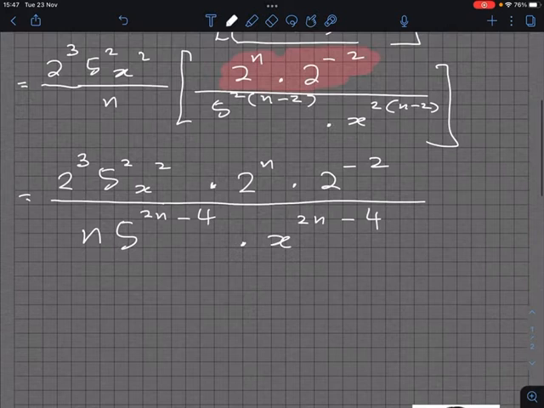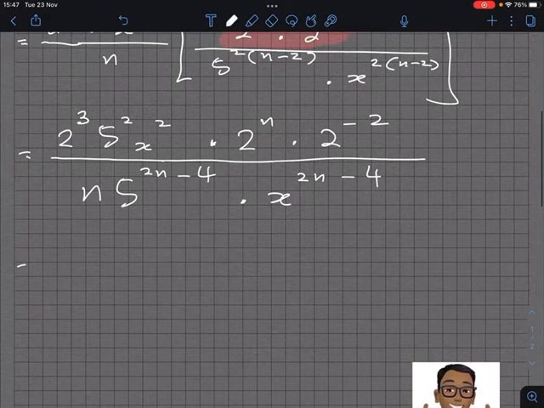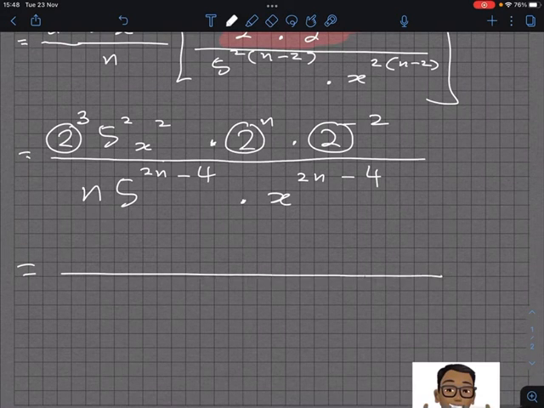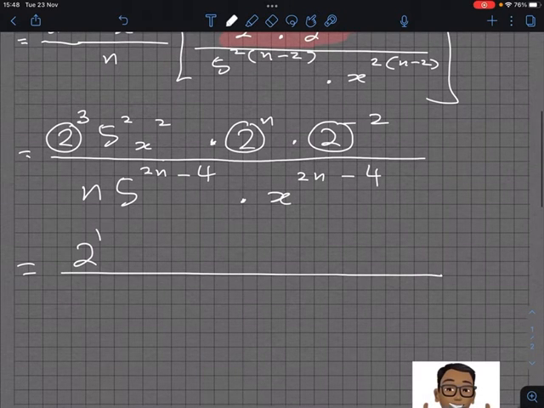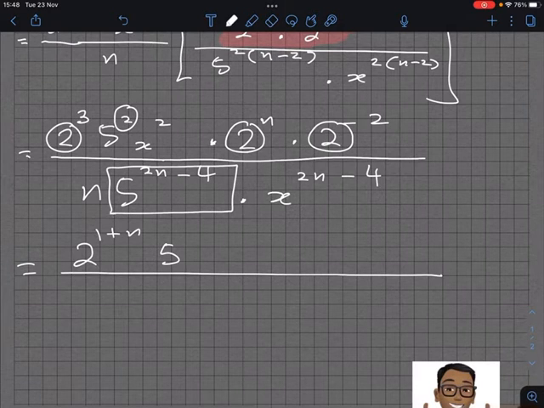We can always combine those with the same base, the 2 here, 2 here, and the 2 here. That will give us 2 to the power of 3 and negative 2, so positive 1, plus n. 5 square here, and you have 5 to the power of 2n minus 4.